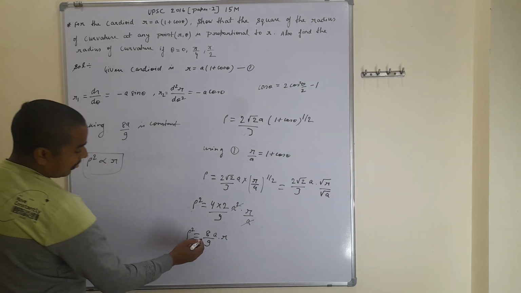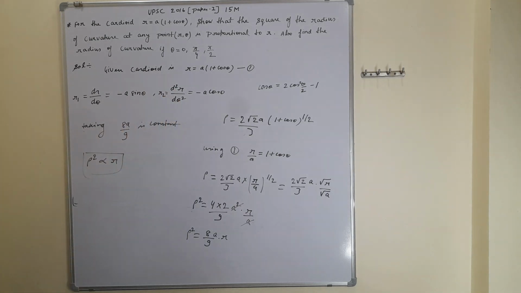We have to show the square of radius of curvature is directly proportional to r, and further we have to find the value of radius of curvature at theta is equal to 0, pi by 4 and pi by 2.